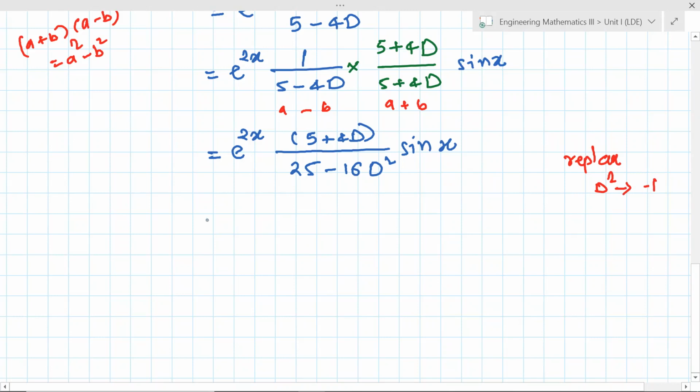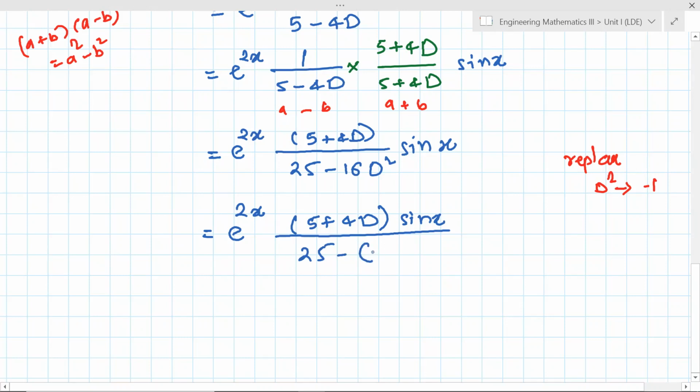So what I get is e raised to 2x, then 5 plus 4D into sine x, multiplied with this bracket, divided by 25 minus 16 into minus 1. Replace this D square by minus 1.